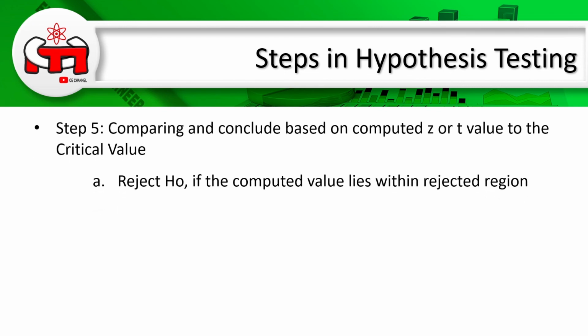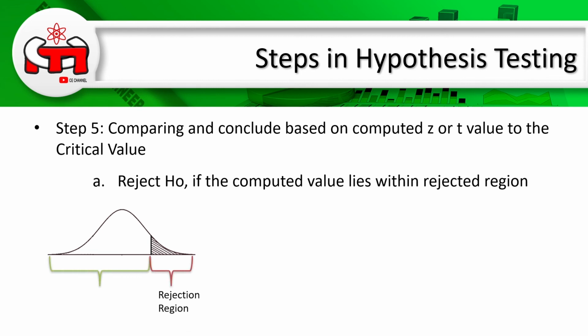We reject the null hypothesis, denoted as HO, if the computed value lies within the rejection region. If your alternative hypothesis uses greater than, the rejection region is on the right side and the acceptance region on the left side; the z or t table value is the critical value. Again, we reject the null hypothesis HO if the computed z or t value lies in the rejection region.